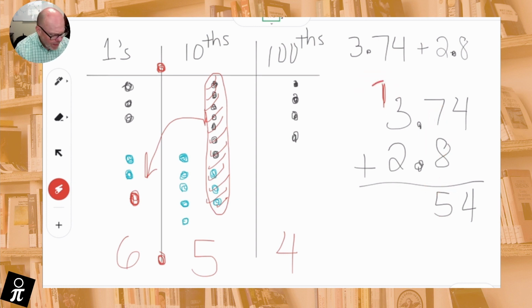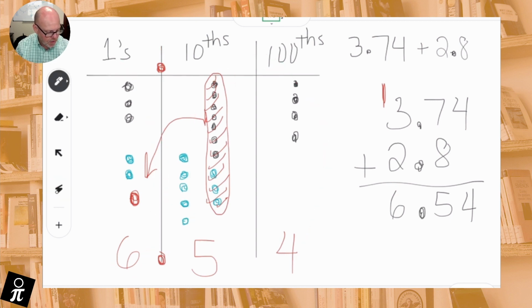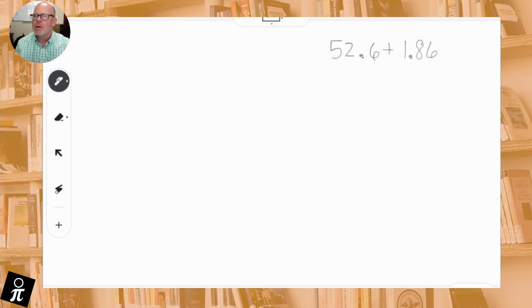And then we can add the whole numbers. We have the 3 plus the 2 plus the new one. So 3 plus 2 plus the new one gives us 6. And because we are looking at our whole numbers and our decimals, we see that our decimal goes right here, 6.54. All right. So now let's do a slightly more challenging problem.